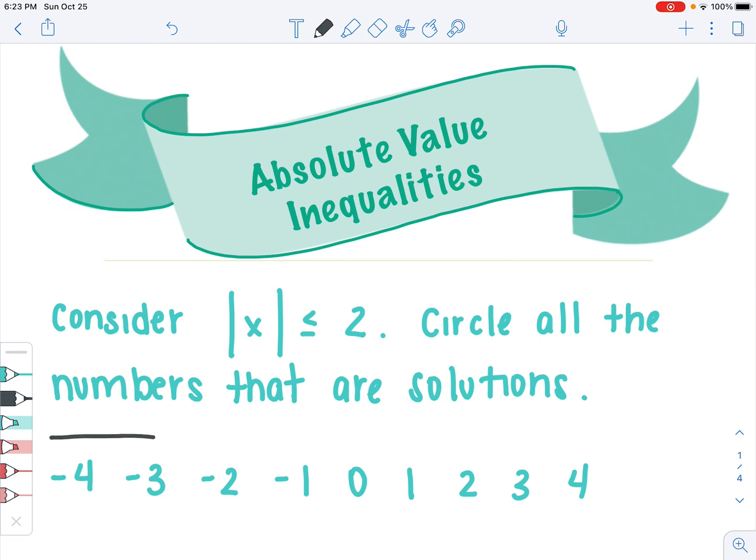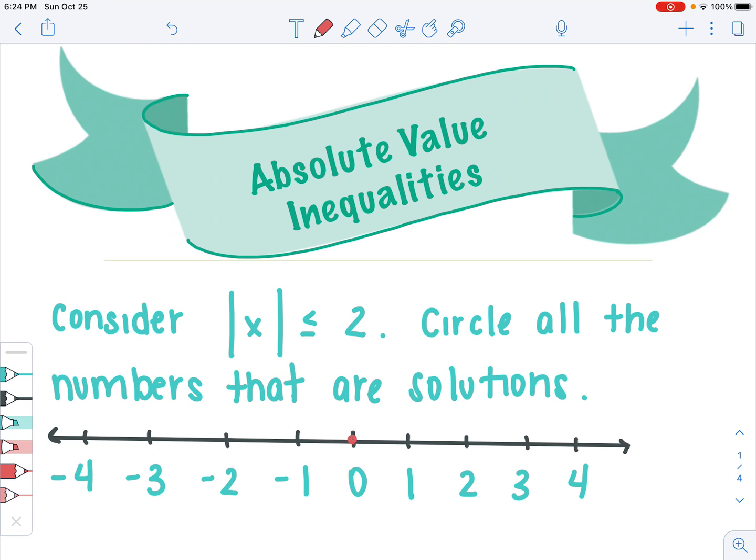So if I took these numbers and turned them into a number line, I'm starting at 0, I have 1, 2, 3, 4, -1, -2, -3, -4. Absolute value is my distance from 0.